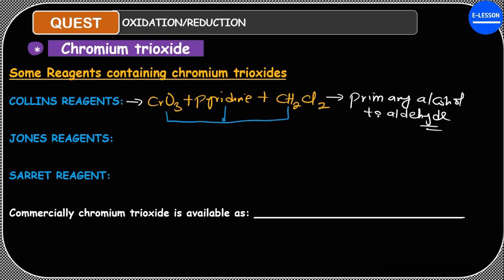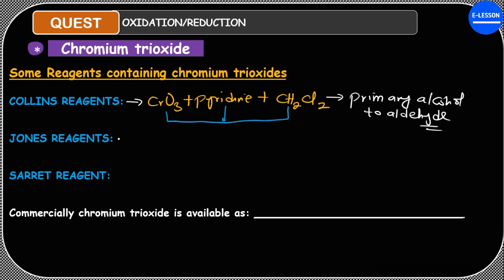And it's a combination of chromium trioxide, or we can call it chromic acid, in pyridine plus dichloromethane. Now, the next reagent in which you can find chromium trioxide is the Jones reagent.